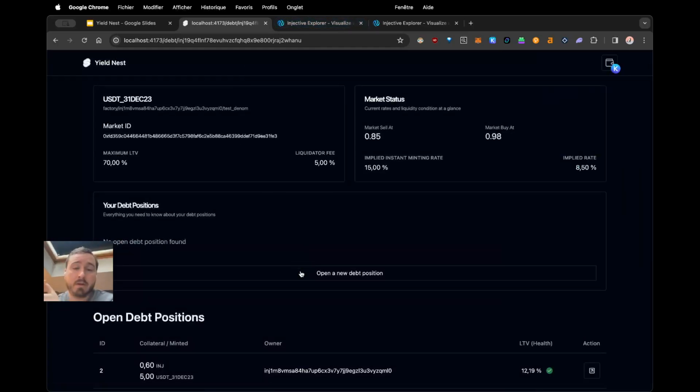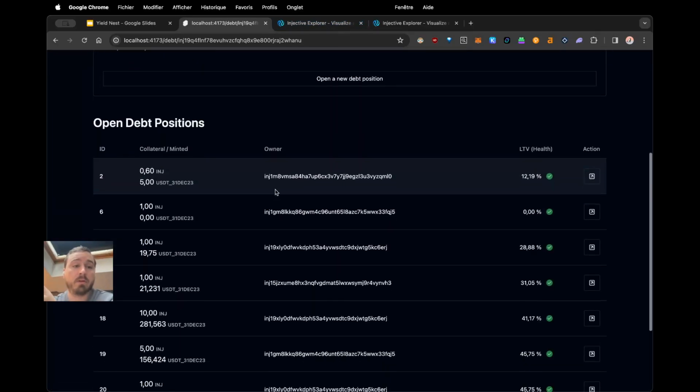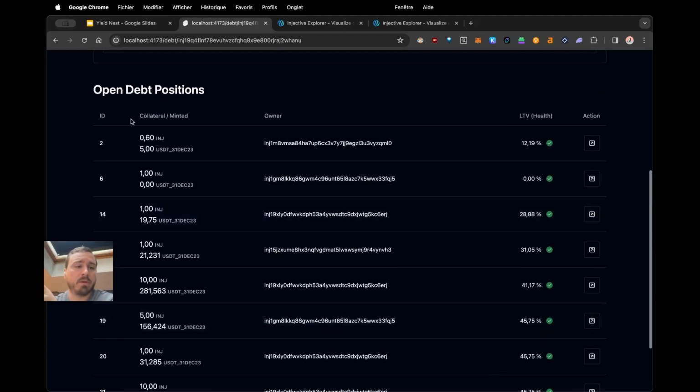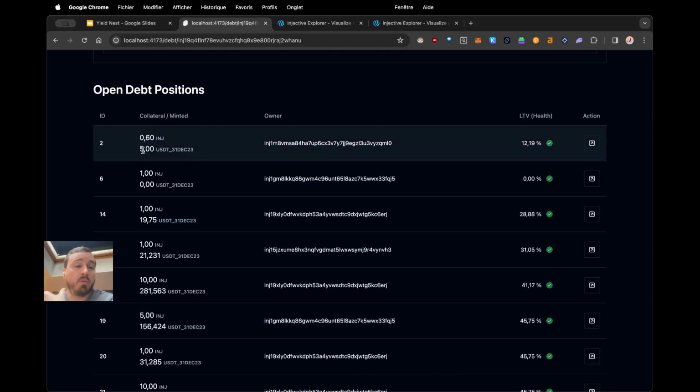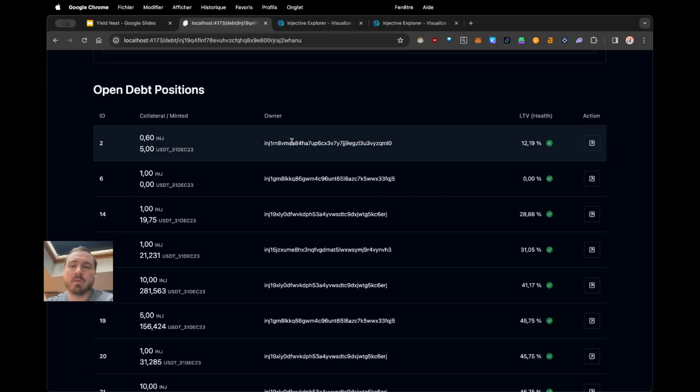We do not have an open debt position currently, but we can see all the currently open debt positions on the market. So we've got this position ID. We have the collateral that is in play, how much was minted using it, who's the owner of this debt position, the loan to value as a percent, and a small indicator: is the position healthy or not.